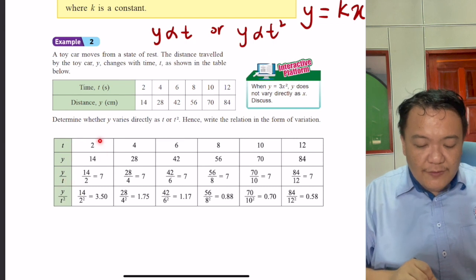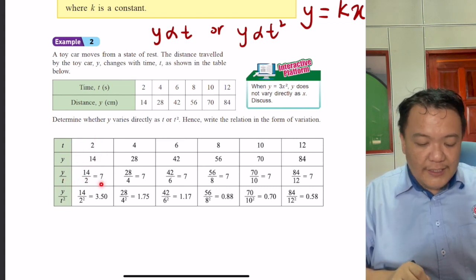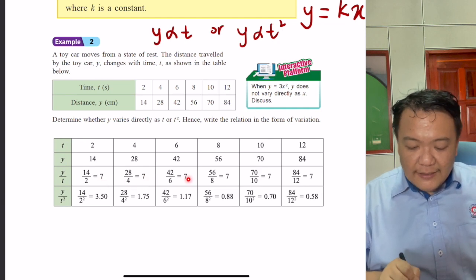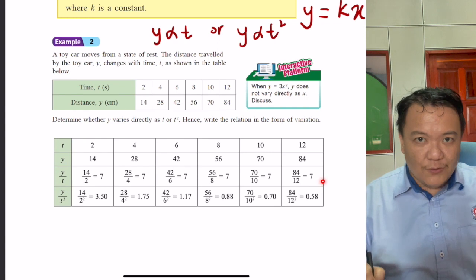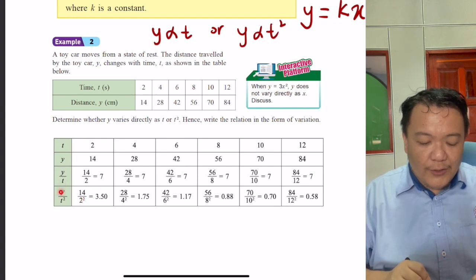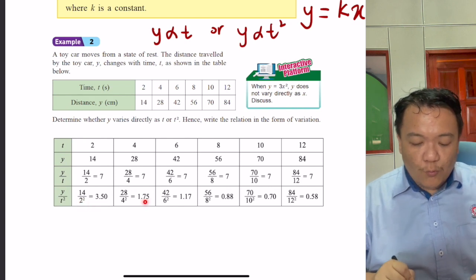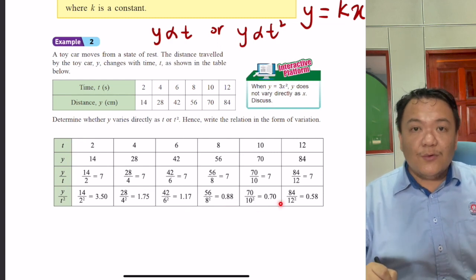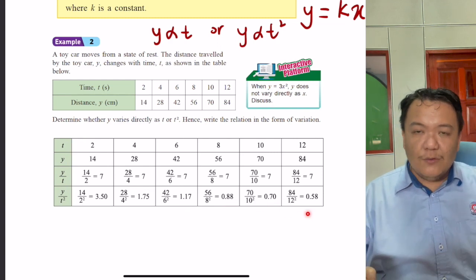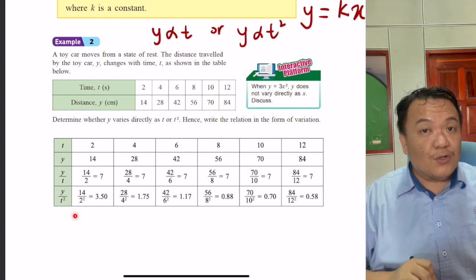Okay, so when you divide Y over T, so 14 divided by 2, you will get 7, 7, 7, 7, 7, 7. Constant value of 7. And then when you divide Y over T square, okay, you will get 3.5, 1.75, 1.17, 0.88, 0.70, 0.58, which is this value is not constant.